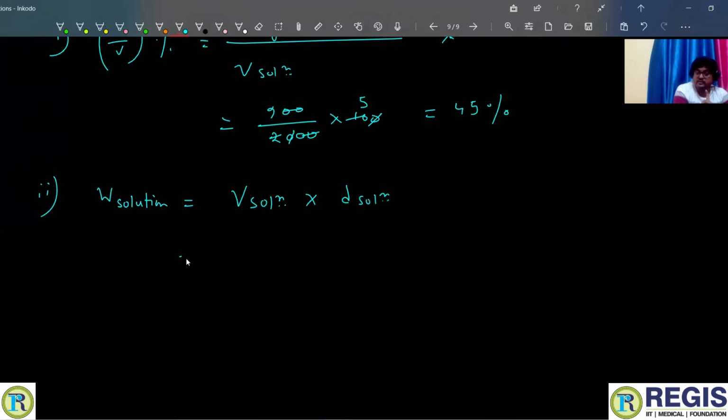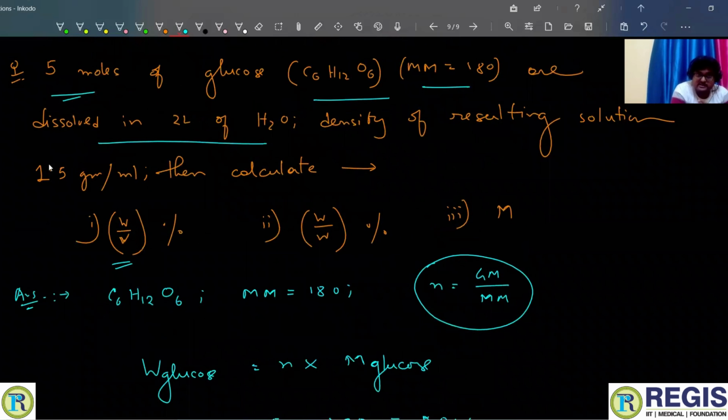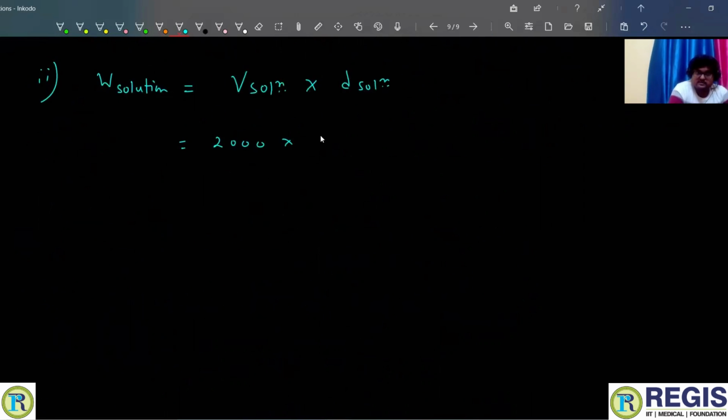Now the volume of solution, what is given? 2000 ml. Density, if you check your question, density is given as 1.5 gram per ml. Okay, so just multiply it by 1.5. After calculation, it becomes 3000 gram. Okay, this is the weight of solution.